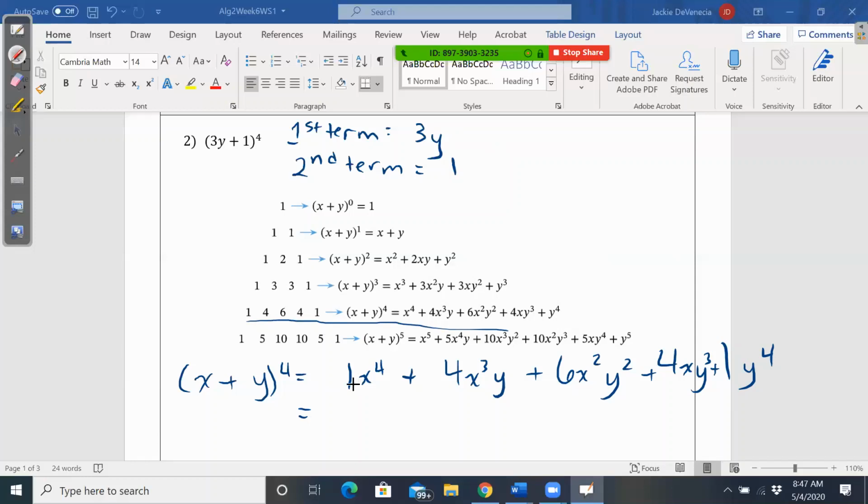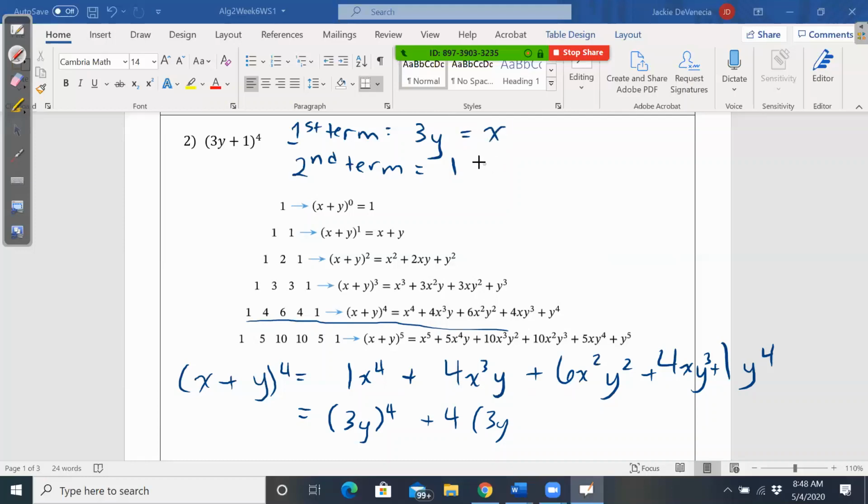All right, so now I can go ahead and replace everything. Anything times 1 is itself, so I'm not going to even rewrite that one. But I am going to replace that x for 3y. The x here is going to be our first term to the 4th power, plus 4. So wherever there's x, I want to replace for 3y.